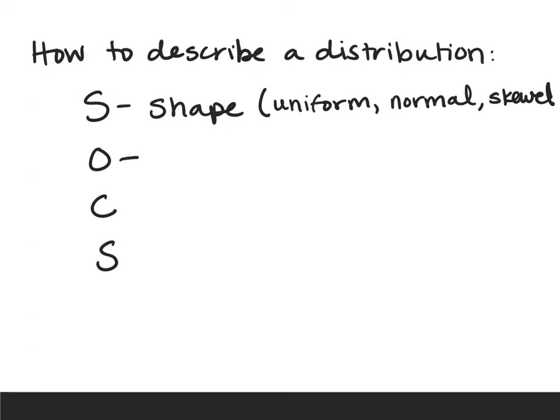The O, which we don't really focus on in Chapter 8, is for any outliers. When we're describing a data set, we definitely want to identify any outliers that we might have. And then the C is for the center. So typically this is going to be the mean, but it could also be the median.